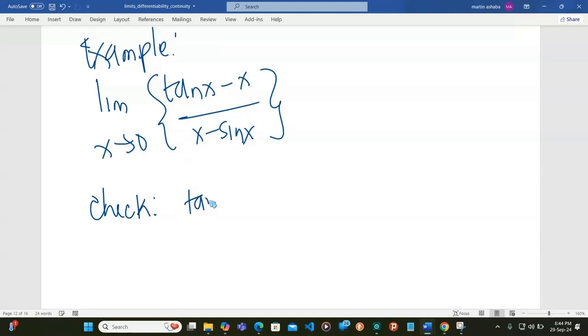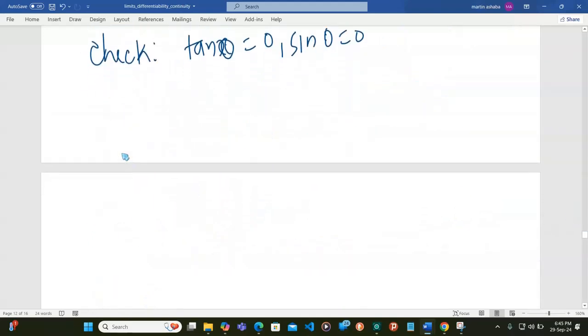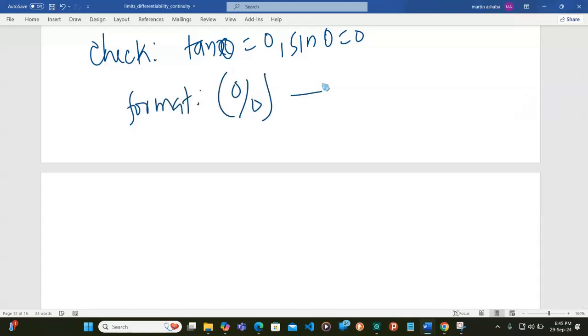We know tan of 0 is 0, so if we put in 0, it becomes 0. Sine of 0 is also 0. So we'll end up with a form of 0 out of 0, which is also an indeterminate form.